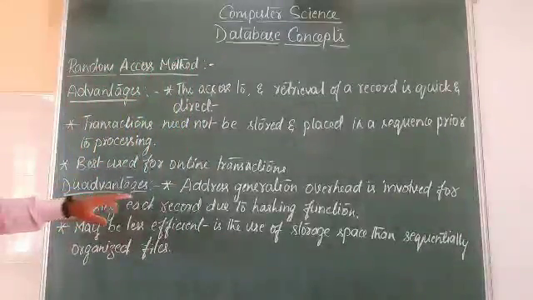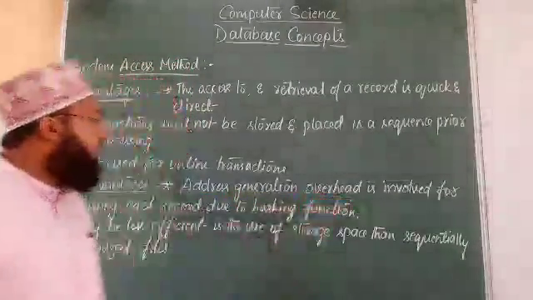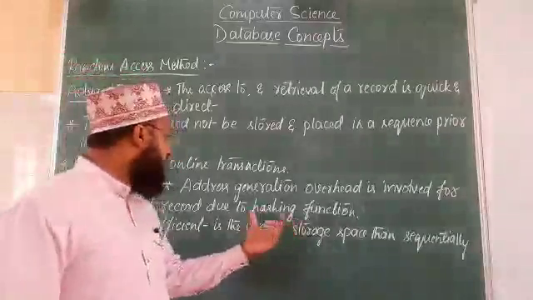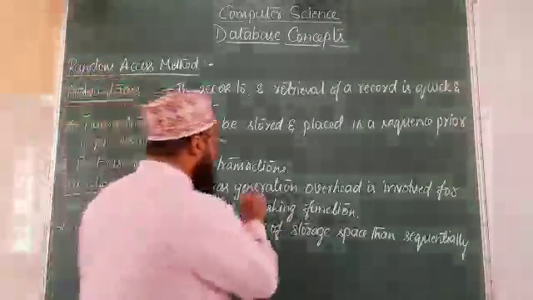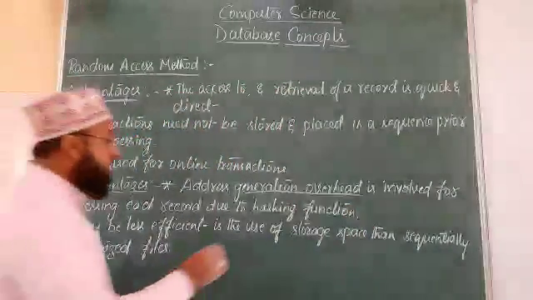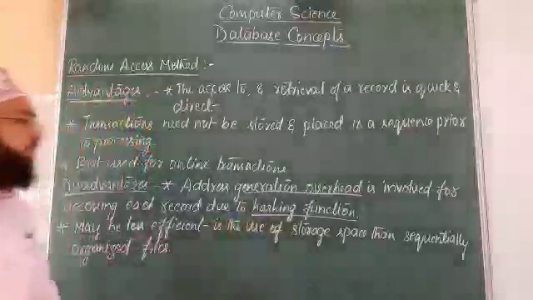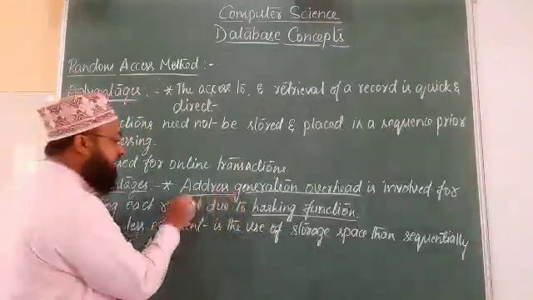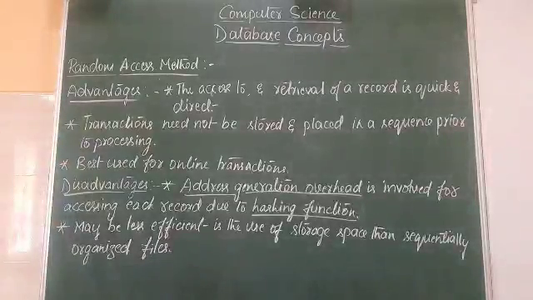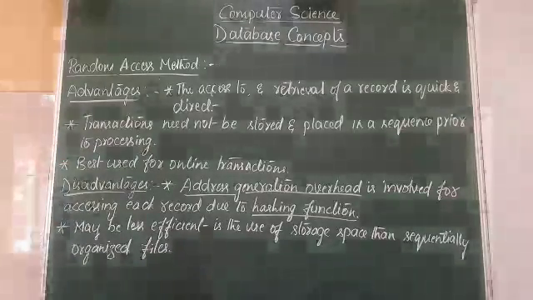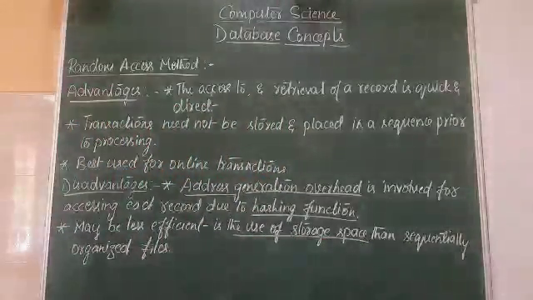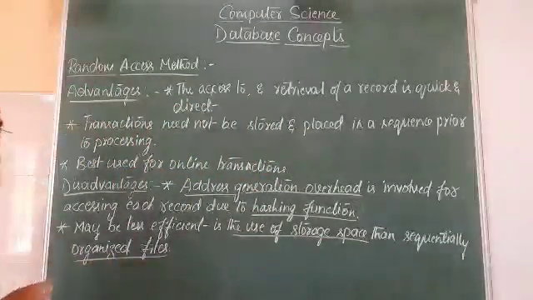What are the disadvantages here? Address generation overhead is involved for accessing each record due to the hashing function. And next, it may be less efficient in the use of storage space. Here, storage space is less efficient than in sequentially organized files.